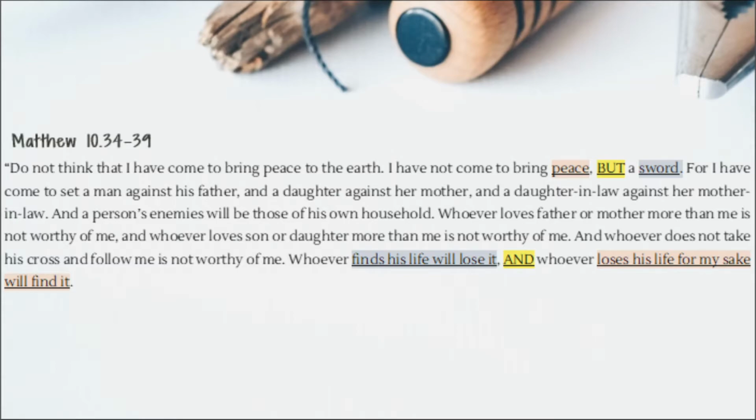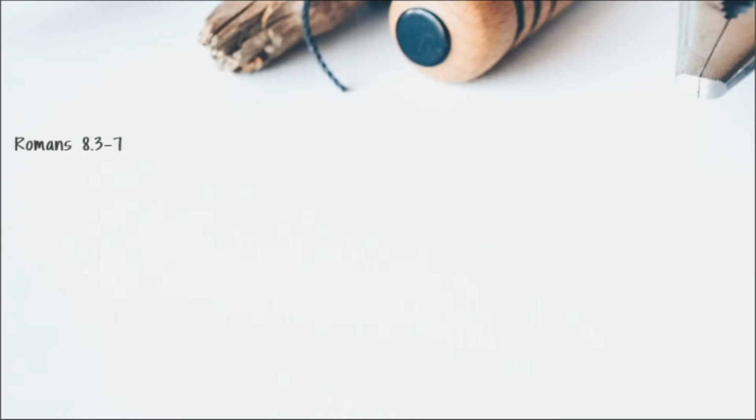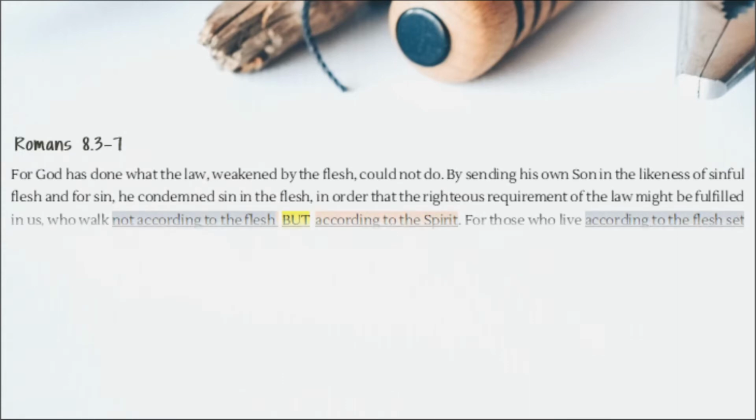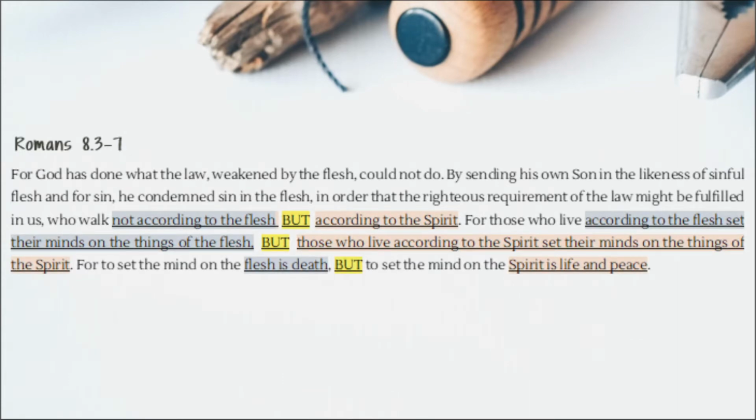Good? Okay. Next one. There's 1, 2, 3 in this one. But. Okay, so I have 3. And so you're looking for both sides. So not according to the flesh, but according to the Spirit. Okay?